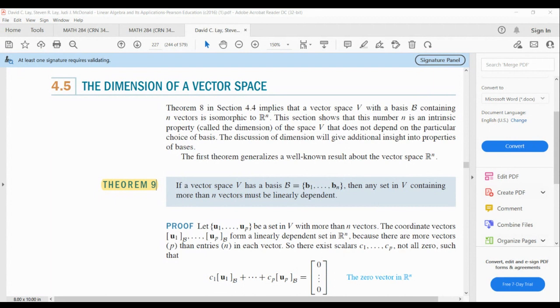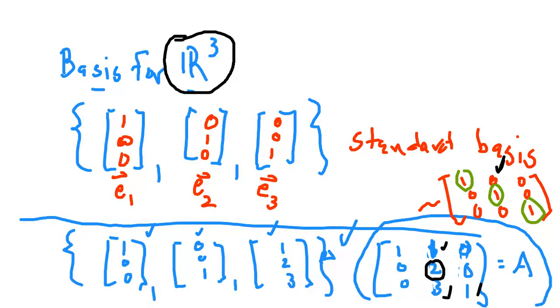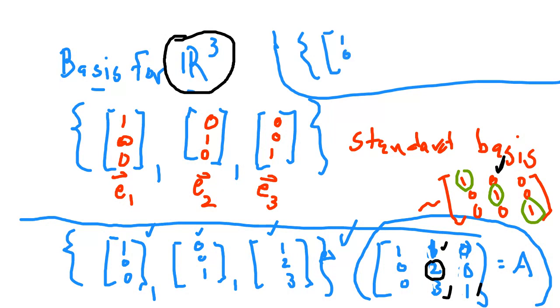So for instance, if we go back to that example we were looking at, let's say in the first one here, the standard basis. Let's say, well, I think I'll just write it out. So let's say you have 1, 0, 0.